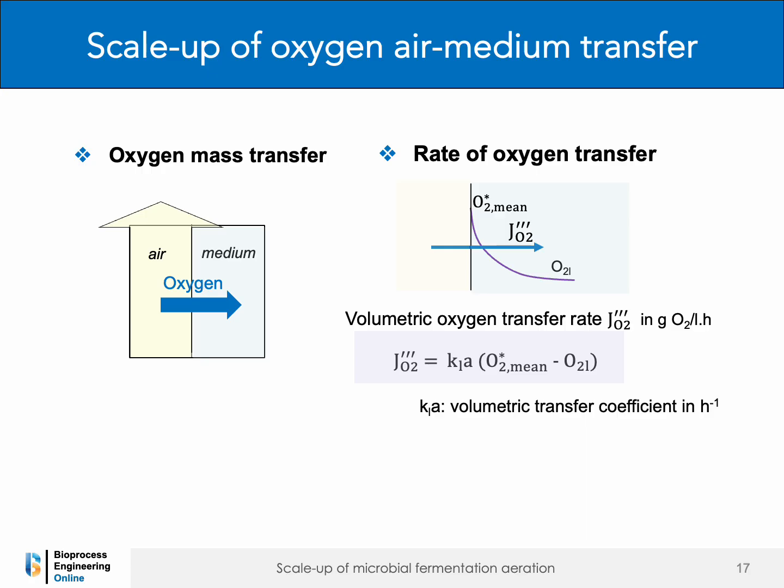O2L is the dissolved oxygen concentration in the bulk liquid phase. In this formulation, both the mean oxygen solubility, O2 star mean, and the volumetric mass transfer coefficient, KLA, are scale-dependent quantities.